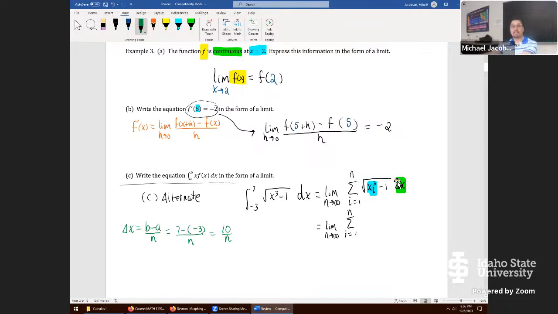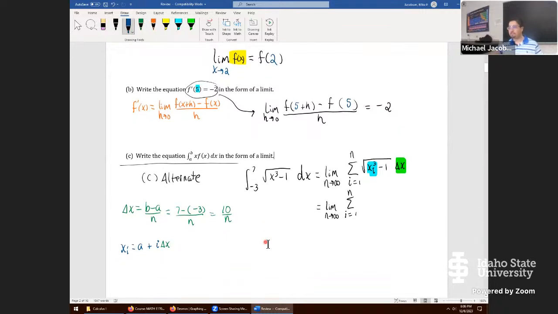The reason we start at delta x is that we now change to a formula for xi itself. Xi is a plus the index i times delta x. Filling in that information, a is the lower limit of integration, -3, plus i times, just substitute in 10 over n.